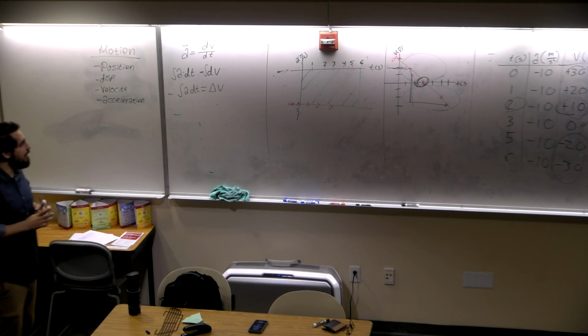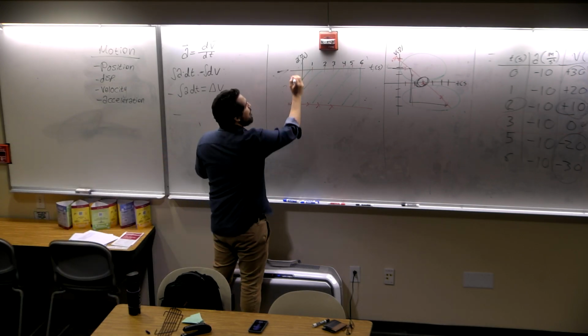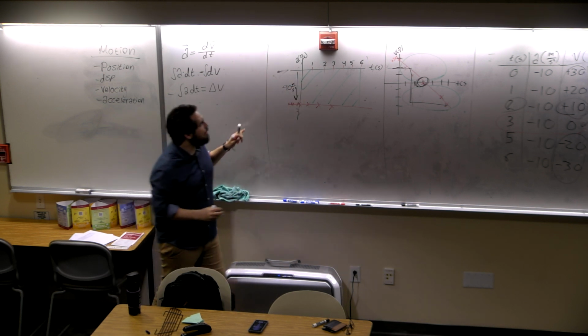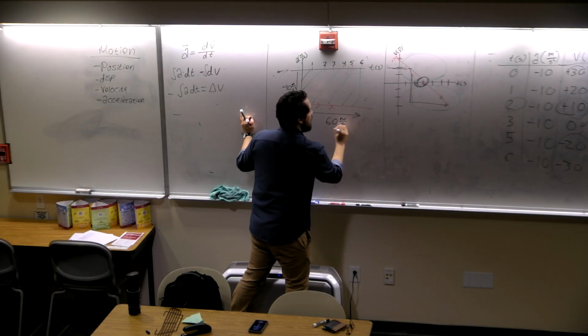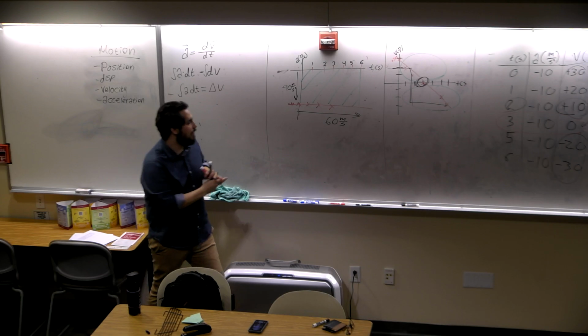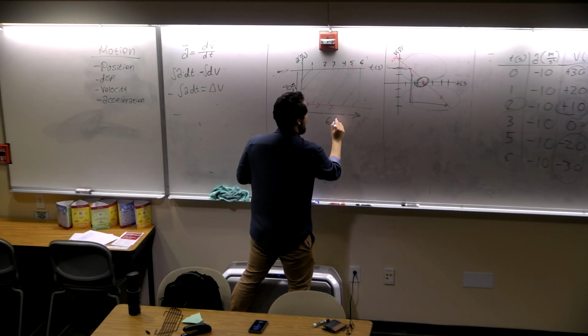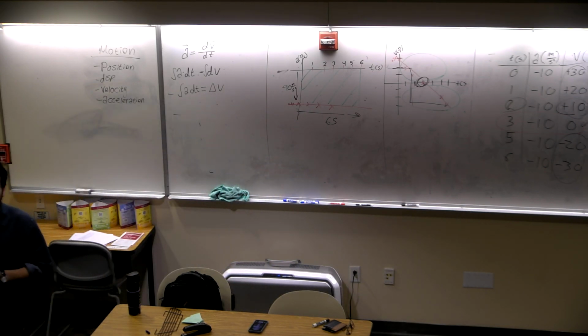Well, what is the area of this curve? The area is going to be a height of negative 10 meters per second squared and a width of 6 seconds. I was jumping ahead to the answer. But we have a height of negative 10, a width of 6.